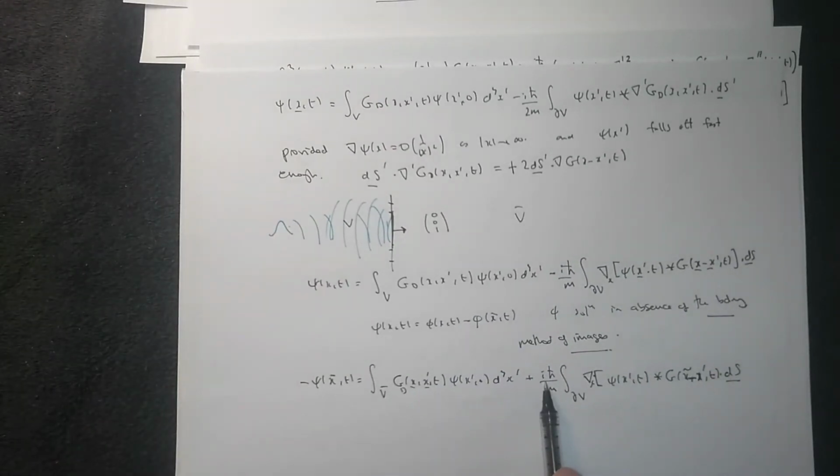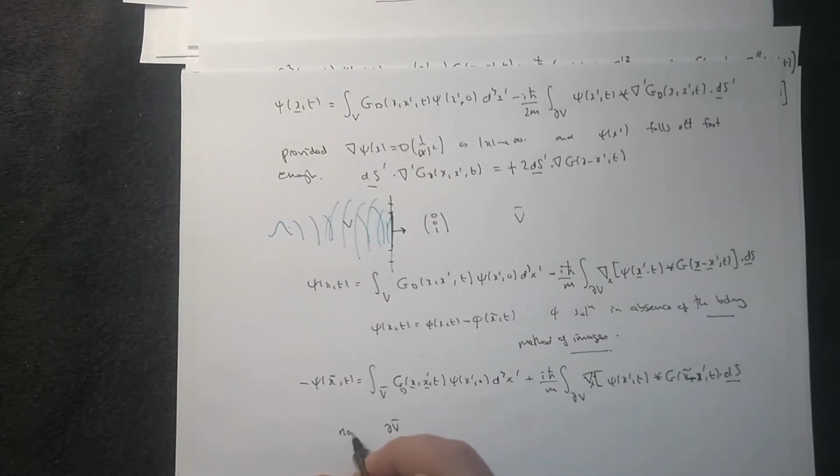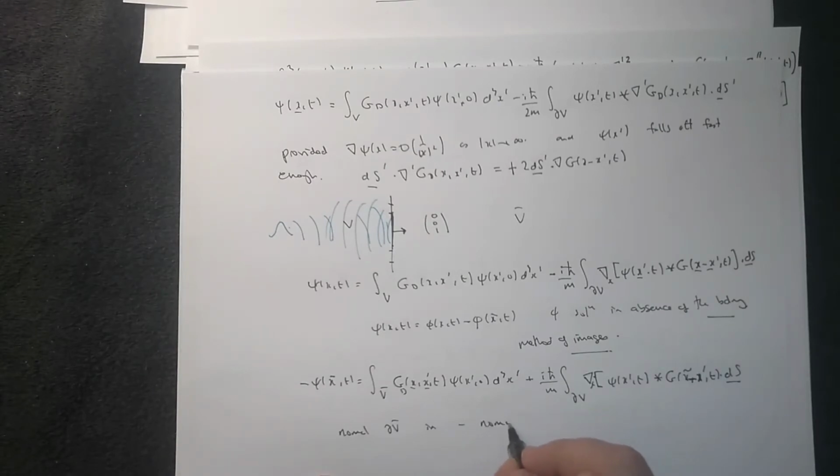The relative sign change here comes from the normal to that is minus the normal to the boundary of V.